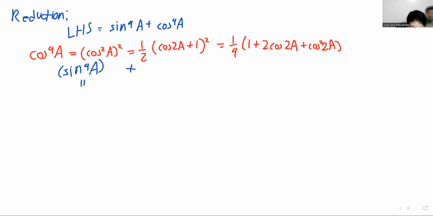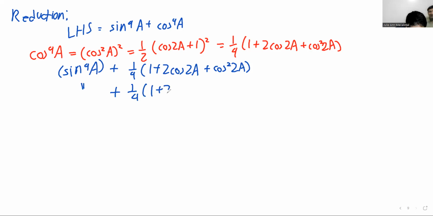I'll just use these marks because the sine to the fourth A will appear continuously, so there's no reason in continuously writing it. 1 plus 2. This will be a direct hit from LHS to RHS.